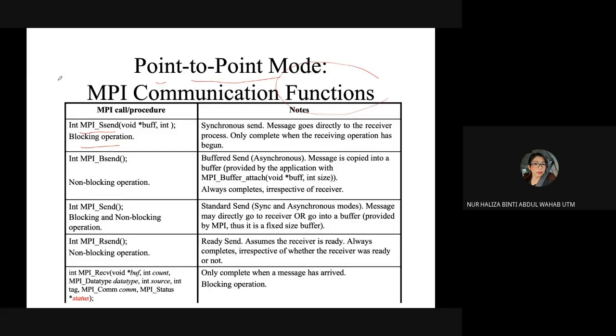You have point to point and another one, collective communication. Over here you can have blocking and non-blocking. The same goes for collective communication: you can have blocking and non-blocking. You can also have synchronized and unsynchronized, similar to here. So you can have both of these communication types.